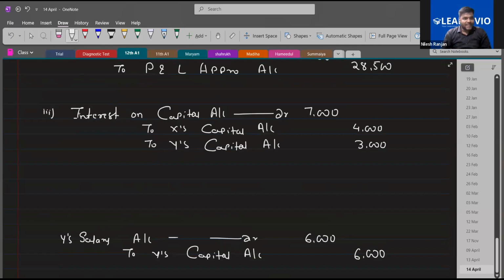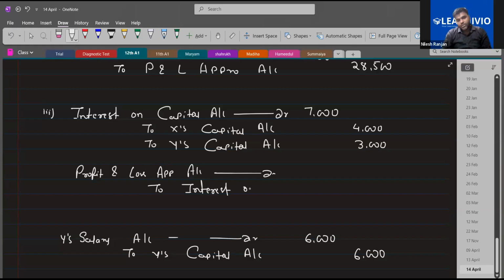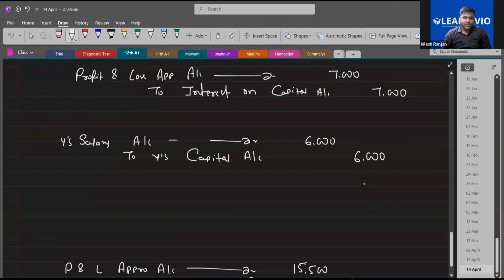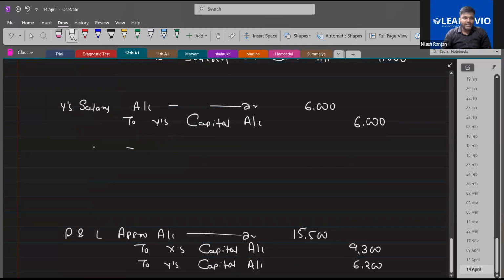Now, this entry we have to write also: profit and loss appropriation account debit to interest on capital. This is to close the interest on capital account. 7,000 and 7,000. Now again we have to close the salary account.